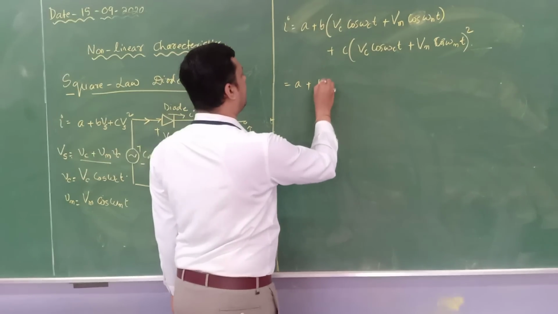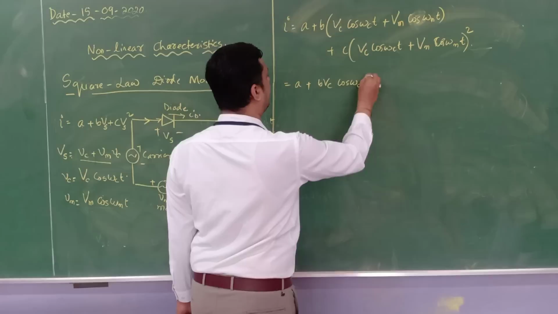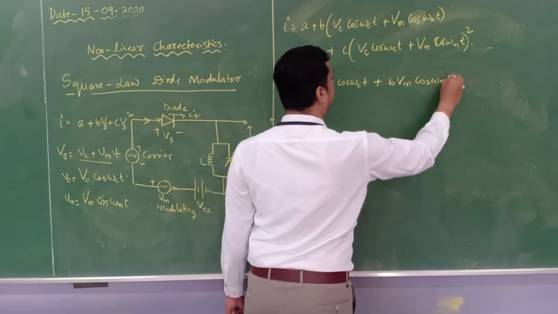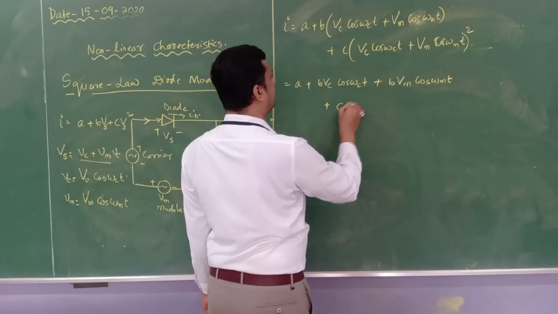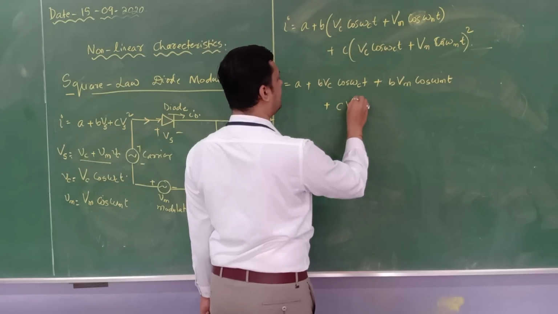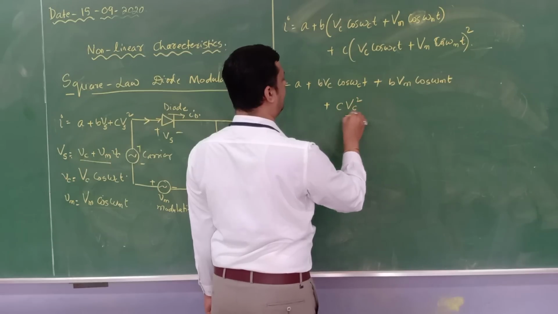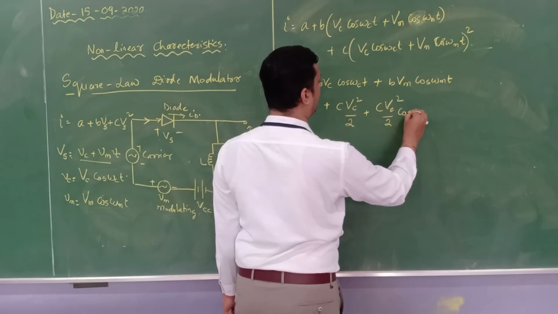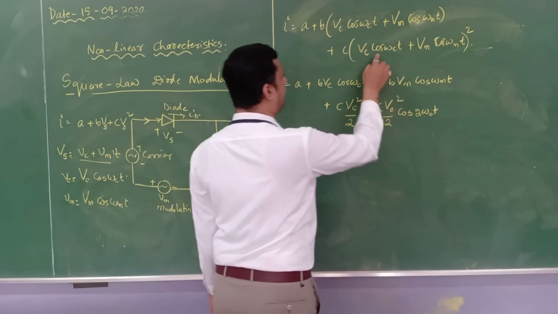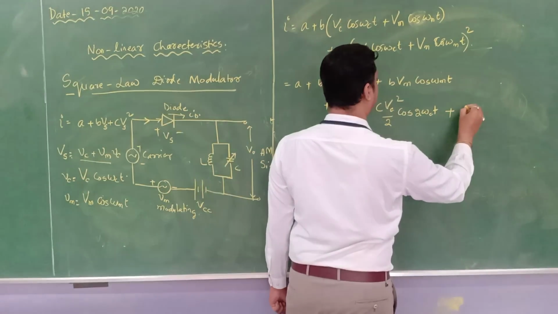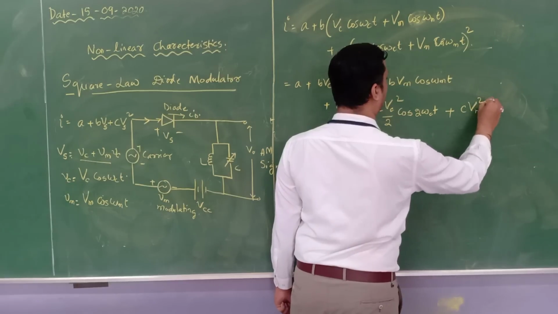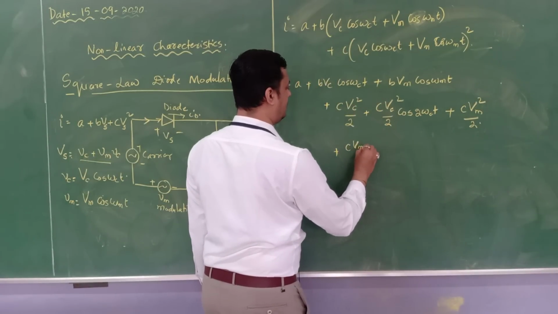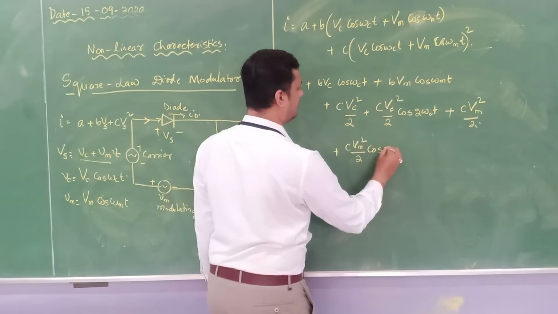First is A, plus B into Vc cos omega Ct plus B into Vm cos omega mt, plus, this is a square term, I am expanding it, so it is C into Vc square divided by 2 plus C into Vc square divided by 2 cos 2 omega Ct for this square term, plus C into Vm square divided by 2 plus C into Vm square divided by 2 cos 2 omega mt.